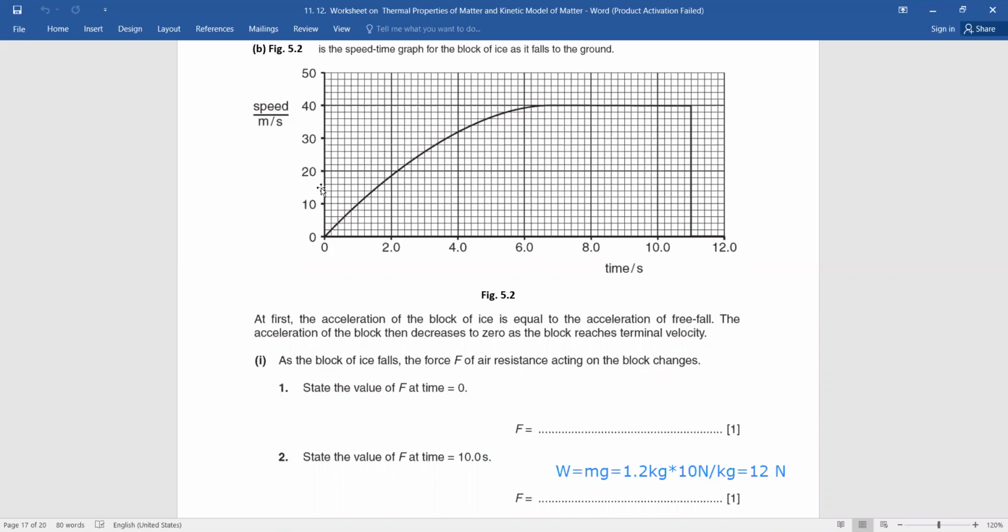So you should link the previous idea with the present idea. Now they are saying as the block of ice falls, the force F of air resistance acting on the block changes. State the value of F at time t equals 0.